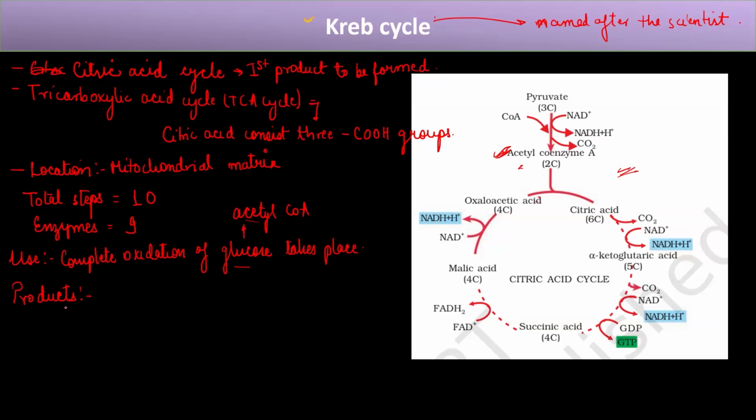So we will see how these products are formed. But for now, just remember the products that are formed are carbon dioxide, ATP, and this ATP is formed through substrate level phosphorylation. Then you will have NADH and FADH2.